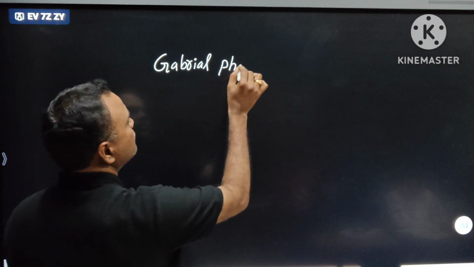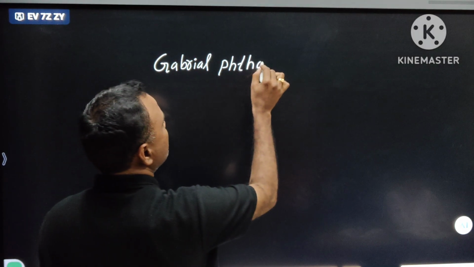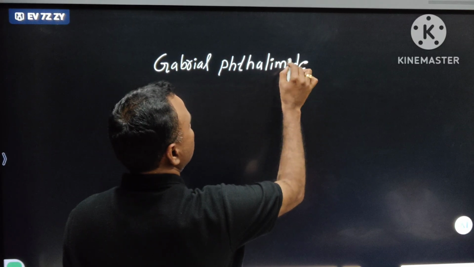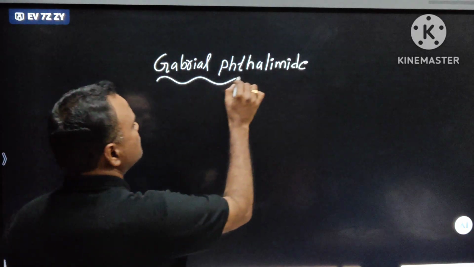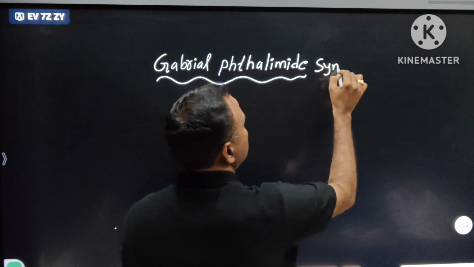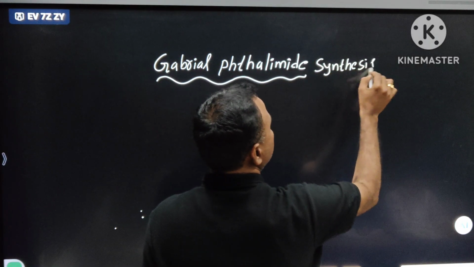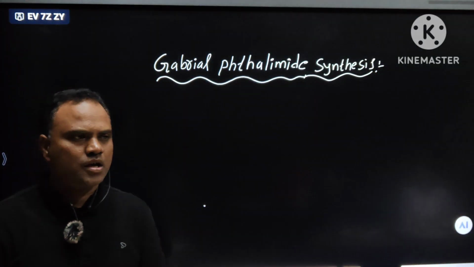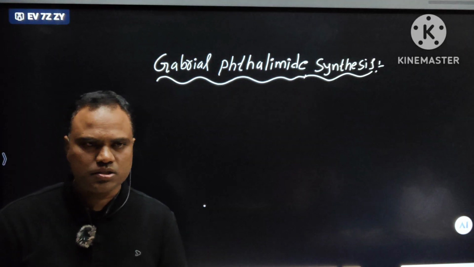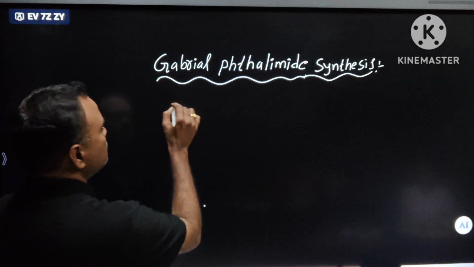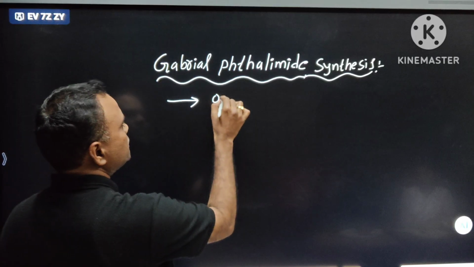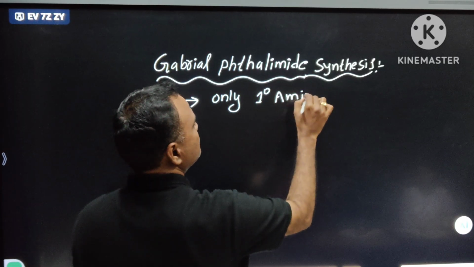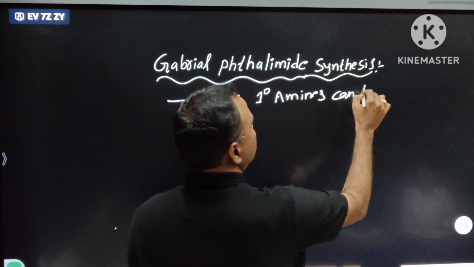Gabriel phthalimide synthesis. Here also, an important point: only primary amines can be produced.